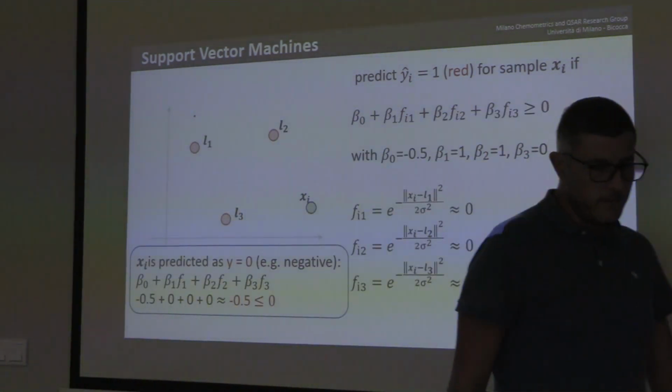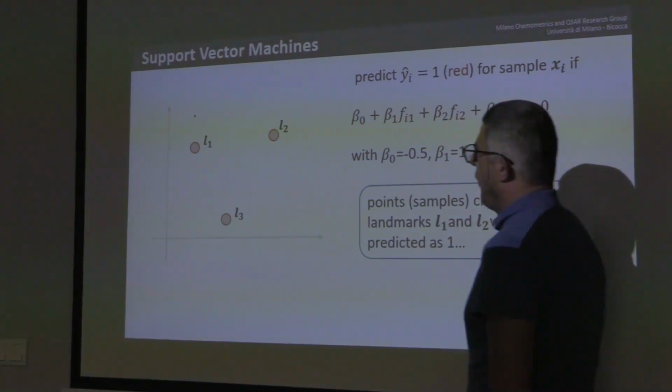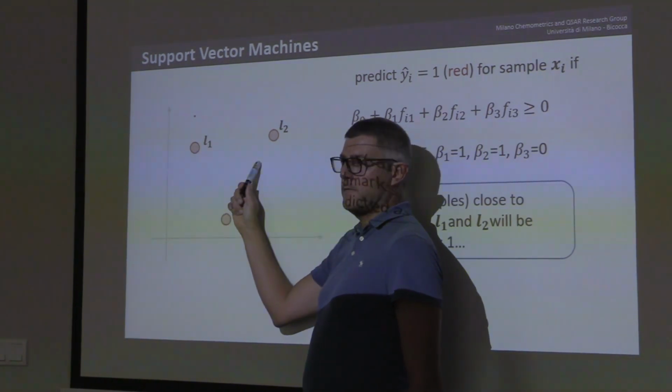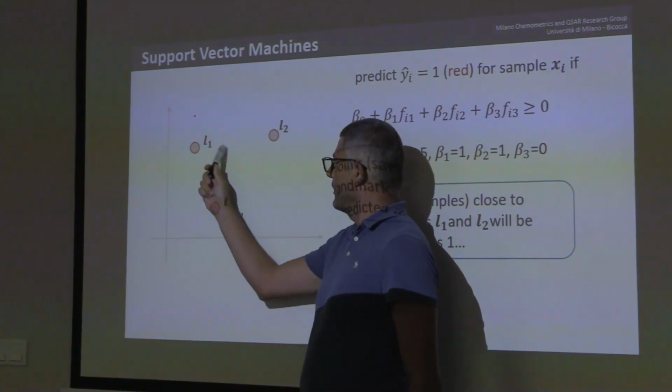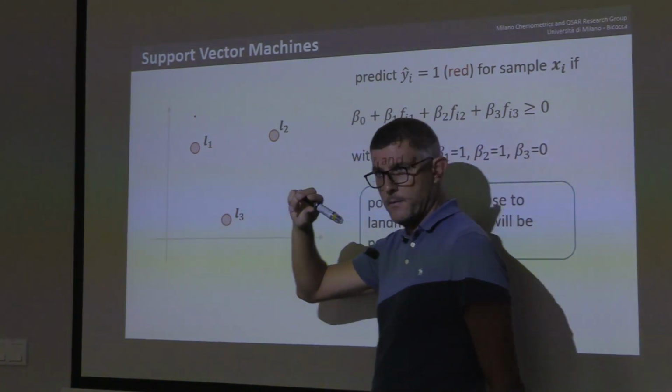So the consequence is that all points close to these two landmarks will be in the red class, and the points which are far from these two landmarks will be in the other class, right?